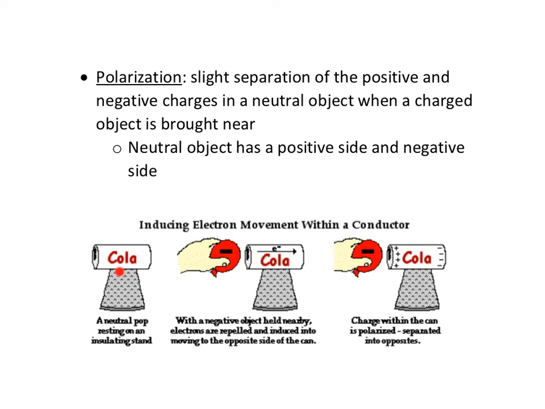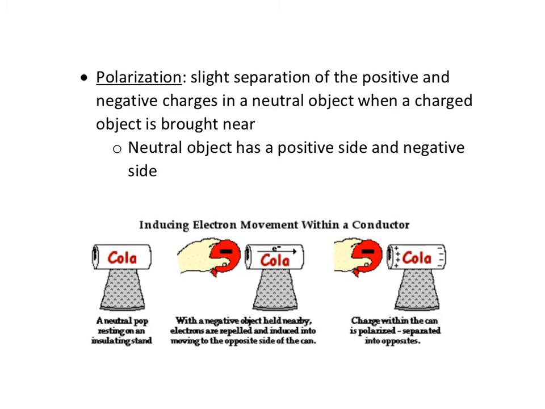You have a soda can, it's neutral. You bring a negative object near the soda can, the electrons are repelled, so they're going to go to this side. The other side of the can is going to become positive because of the lack of electrons. So now, this is a neutral, polarized can of Coke.